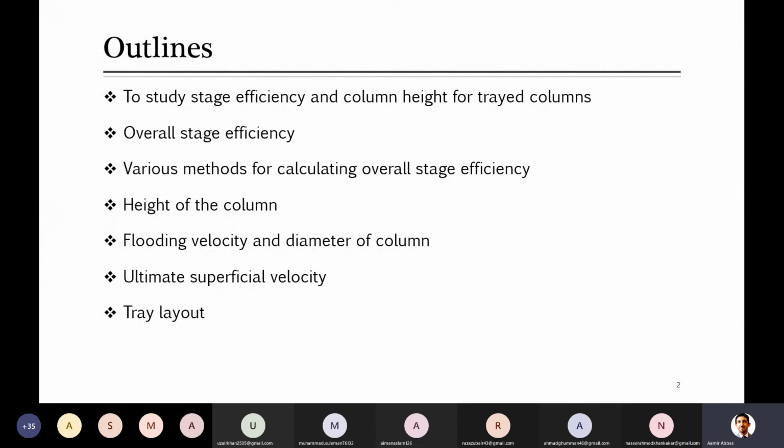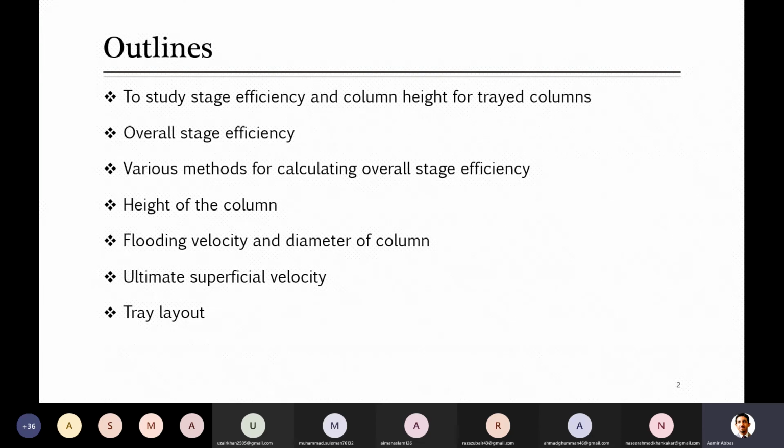Then there are some calculations related to flooding velocity, what flooding is, when it will happen, how to avoid it, or what will be the velocity that will lead to flooding, as well as the diameter of the column. They are definitely interrelated with each other, so they will be discussed. And at the end there is something about superficial velocity as well, and tray layout.